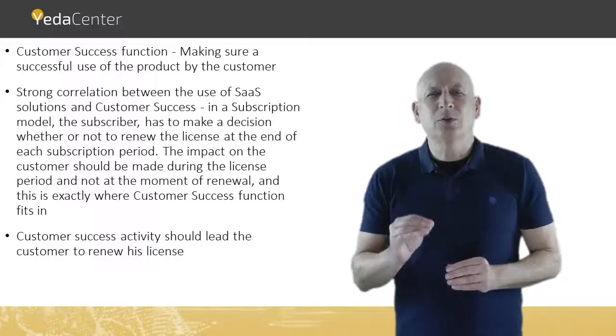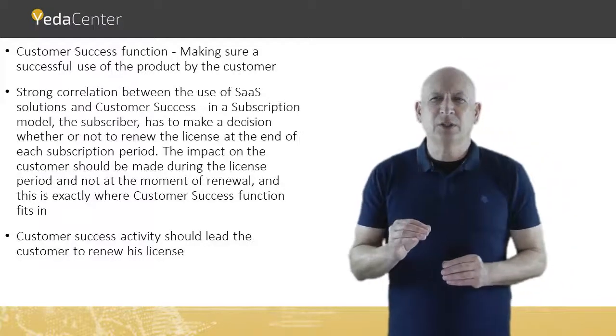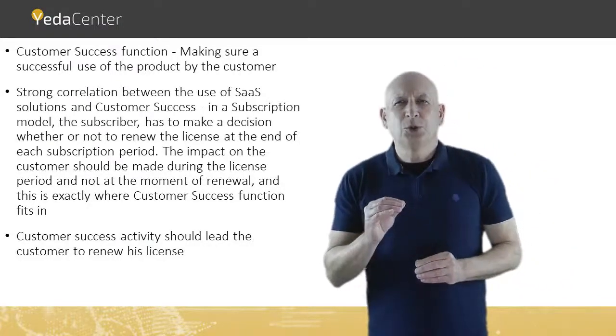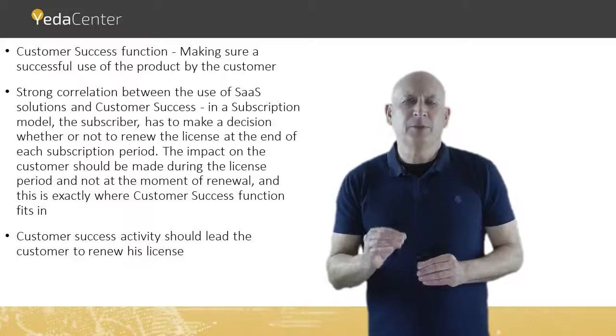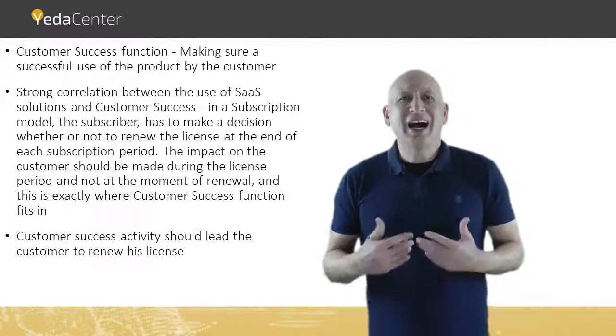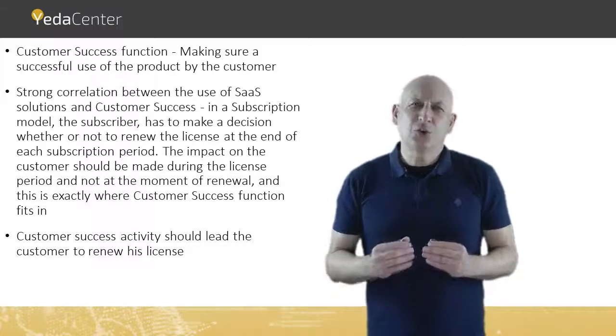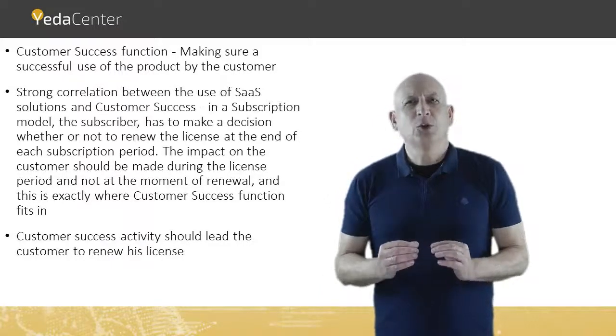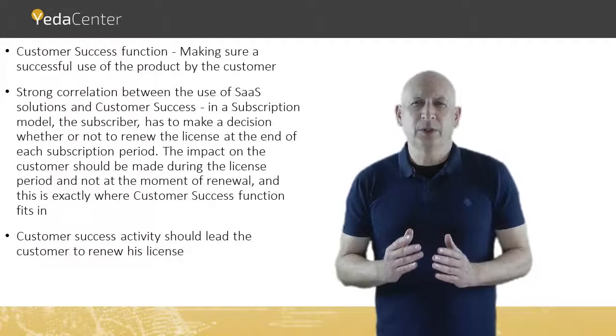This is exactly the role of the customer success function, to ensure that I renew my subscription. So the way that I see this function, it should eventually lead the customers to renew their license.